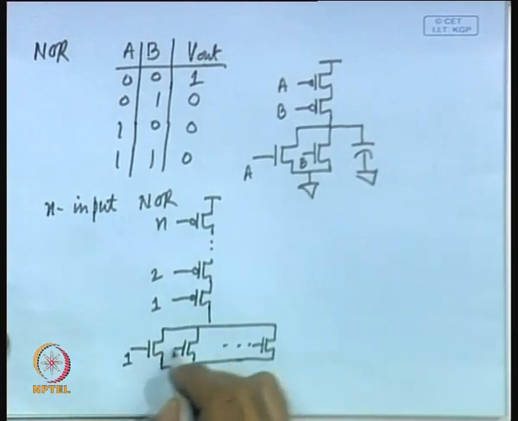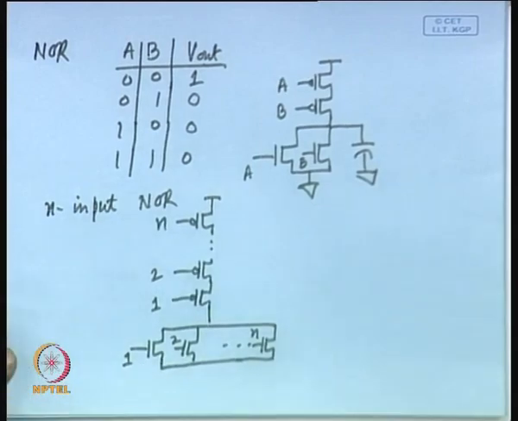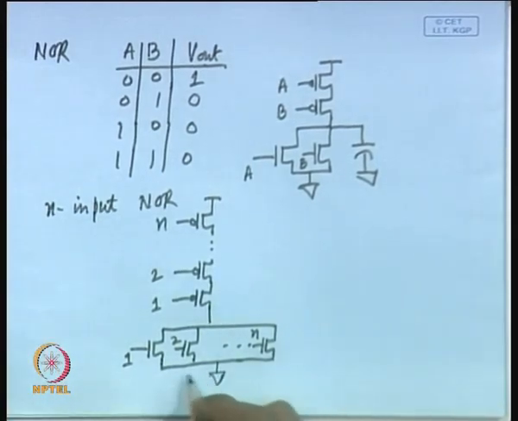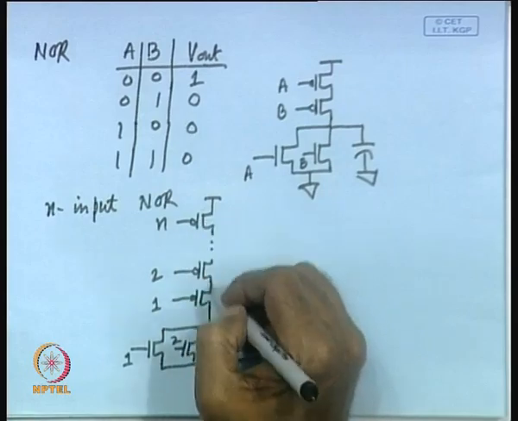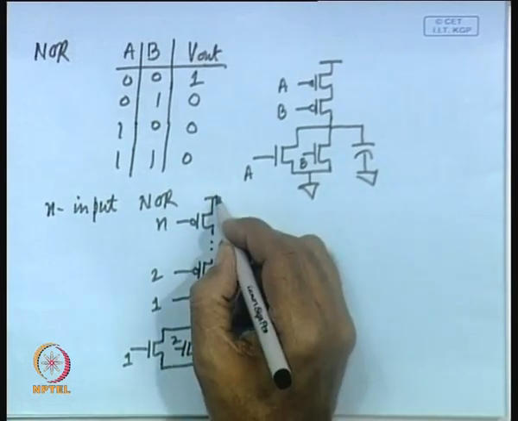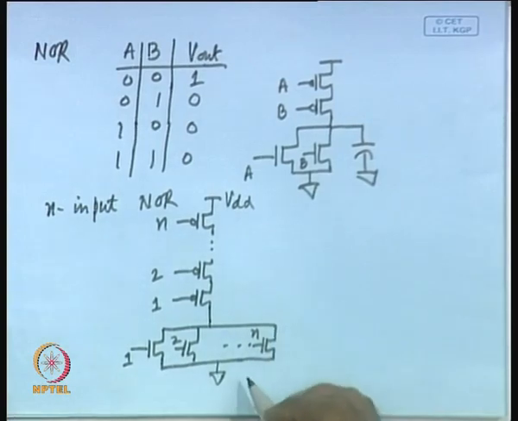So, 1, 2, n. So, n NMOS transistors in parallel, and all the source points will be connected to ground, and the series connected PMOS transistors are connected to VDD. This is how an n input NOR gate is realized.